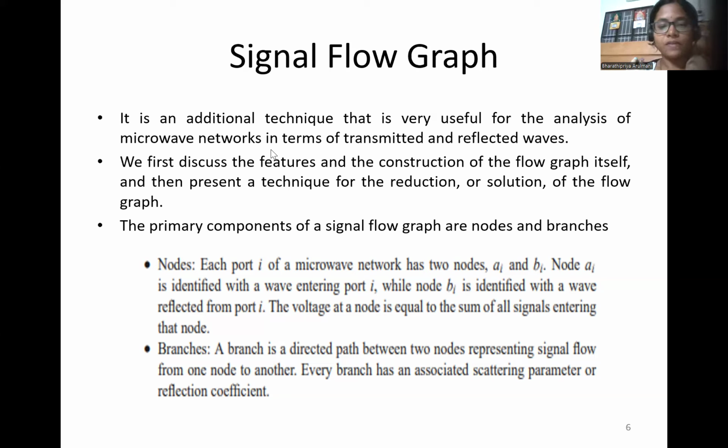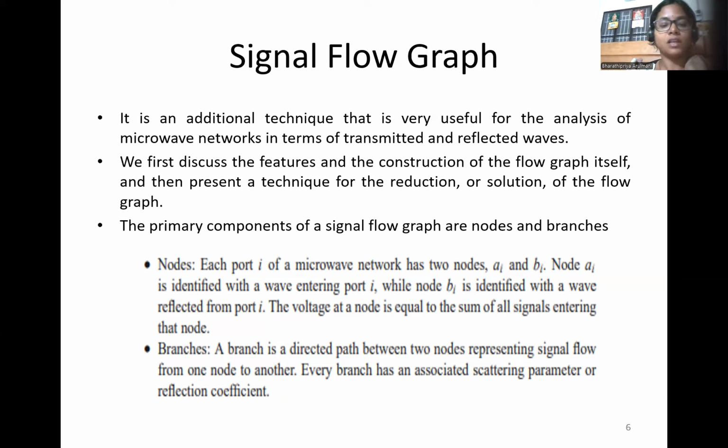So in radio frequency, that is wireless communication, the signal flow graph is a graphical representation of signal flow in a system. So they are used to analyze and optimize complex systems. Signal flow graphs are useful in identifying the bottlenecks and optimizing the minimal path for maximum efficiency.